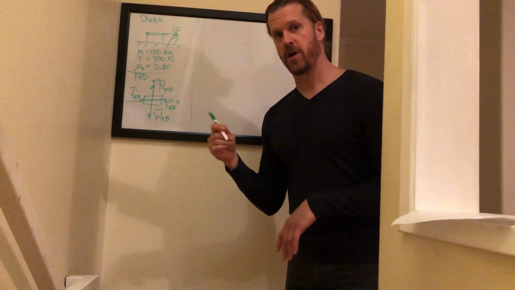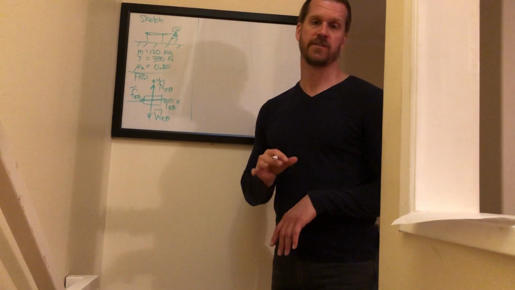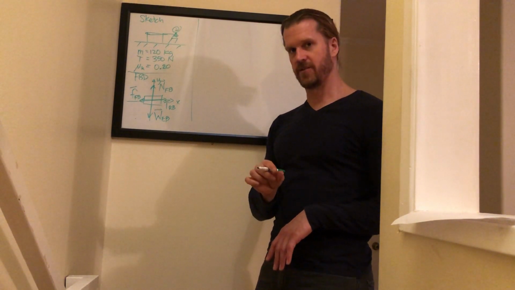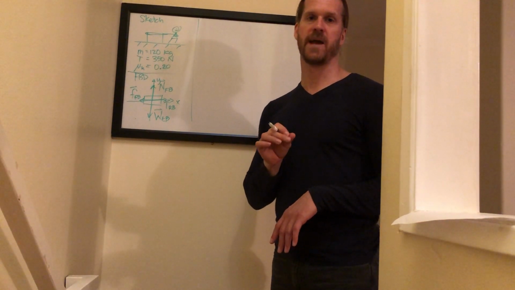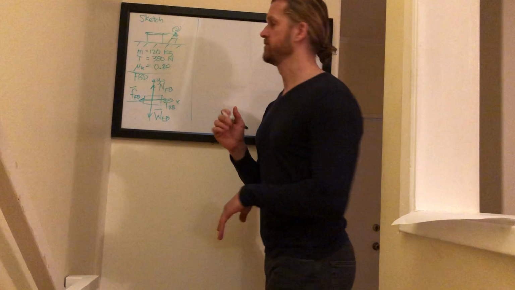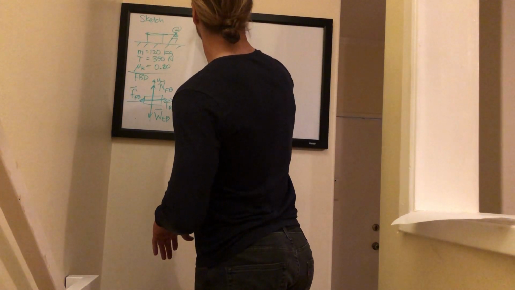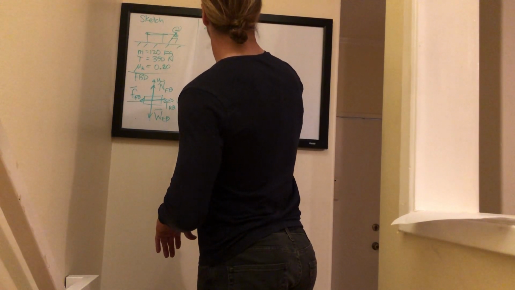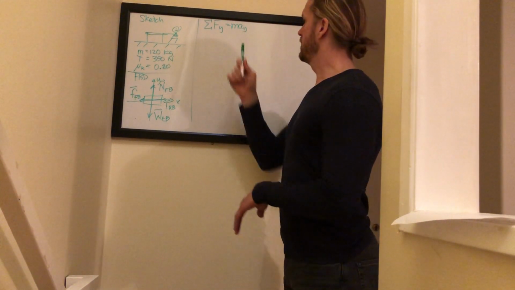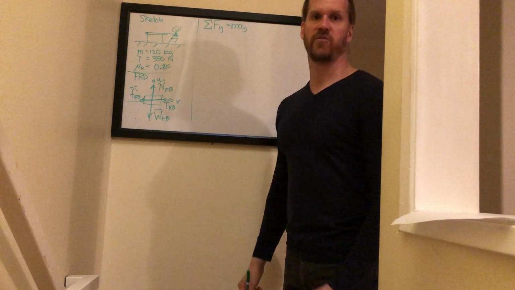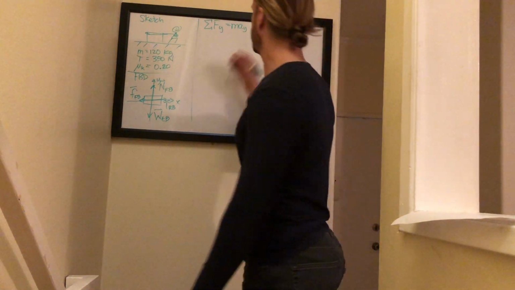Now to analyze this problem, we need to start with the y direction. That's so we can calculate the normal force, which is needed to figure out the magnitude of the friction force. So in the y direction, our analysis is exactly the same as it was for problem 3.